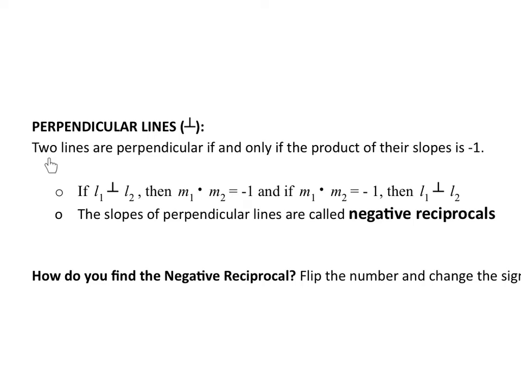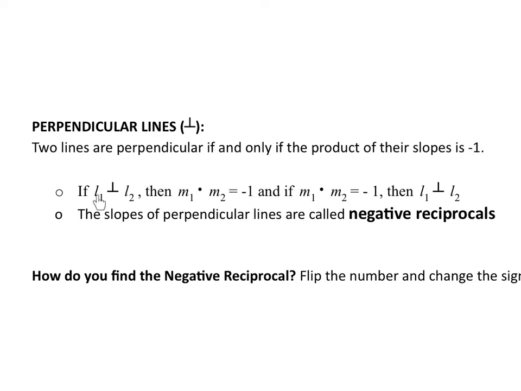So we know that two lines are perpendicular if and only if the product of their slopes is -1. So yes, while we do know that they will intersect at a 90-degree angle, if we were to specifically focus on the value of the slopes of those lines, if we multiplied their slopes together, we would get a value of -1.